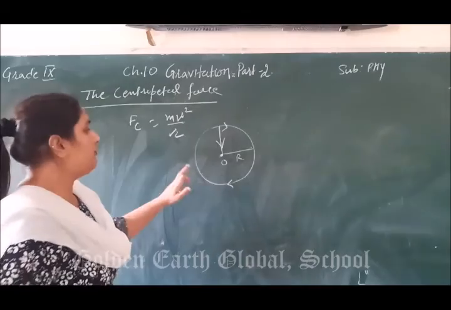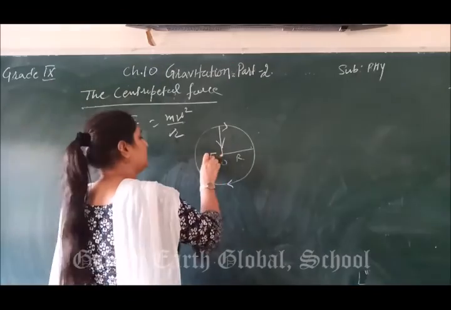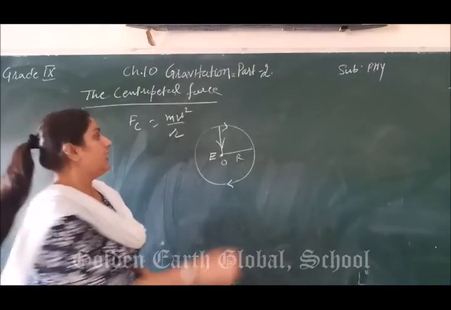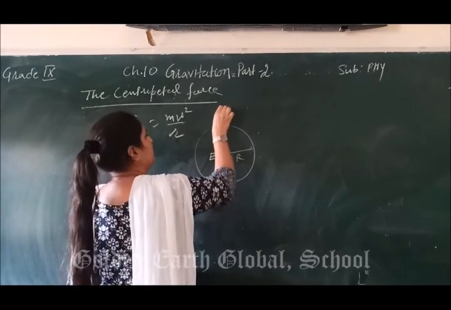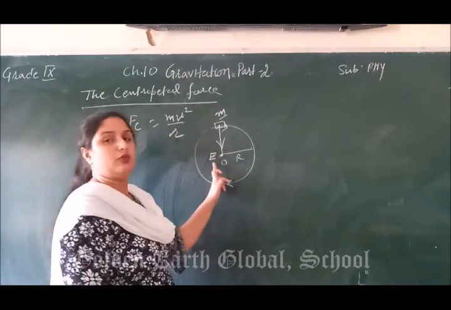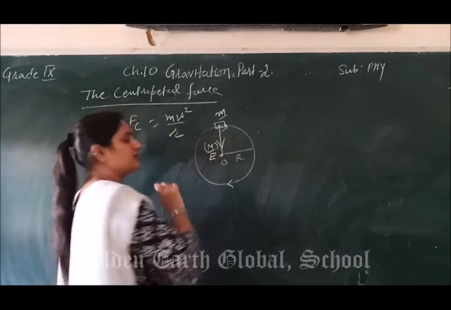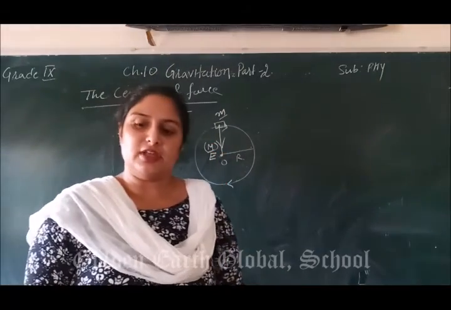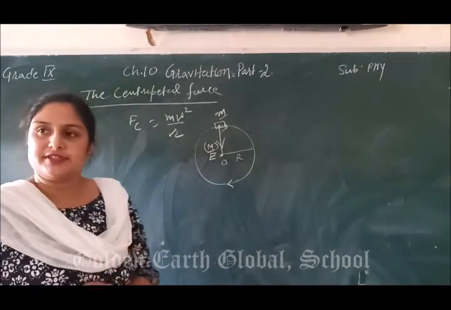Now, let us consider that here is the earth and the moon is revolving around the earth, having a small mass m, such that capital M is the mass of the earth. Then we are going to solve this equation.